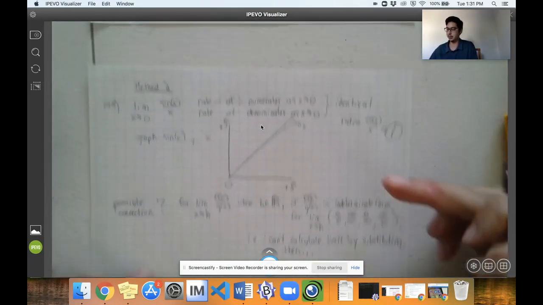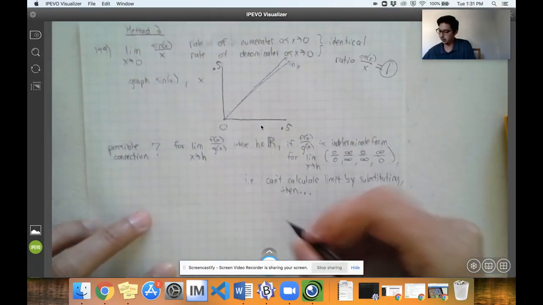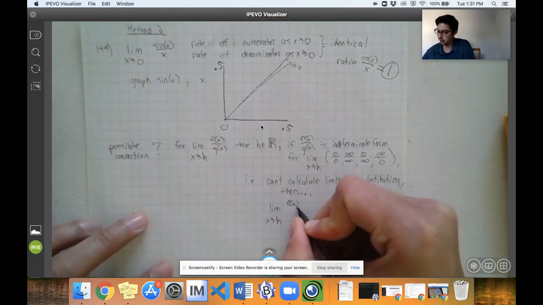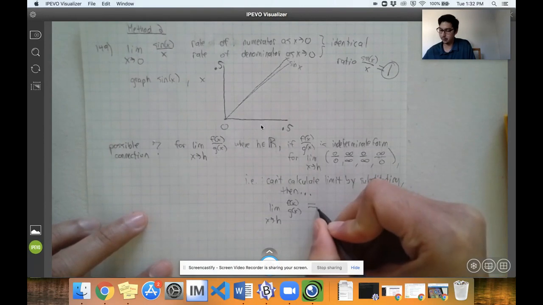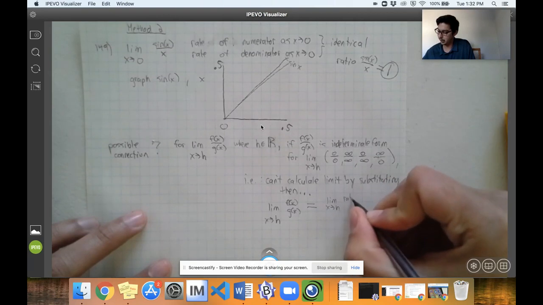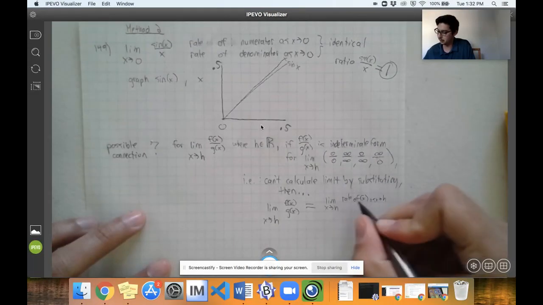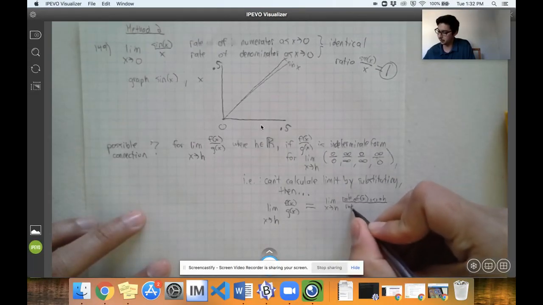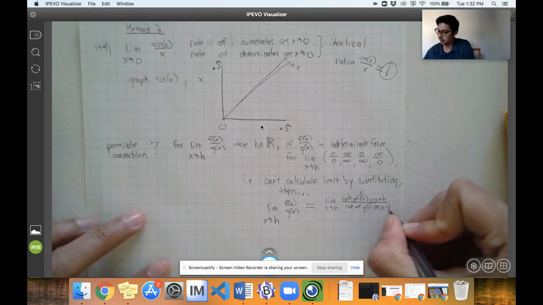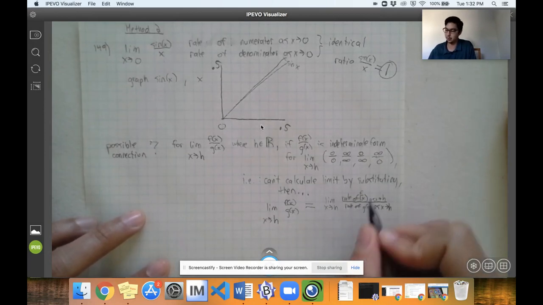What did we determine with this method 2 equaling method 1? Well, what we're thinking then is that the limit as x approaches h of f of x over g of x can be found by doing the limit as x approaches h of the rate of f of x as x approaches h over the rate of g of x as x approaches h, which, what's another way of saying rate of f of x or rate of g of x?